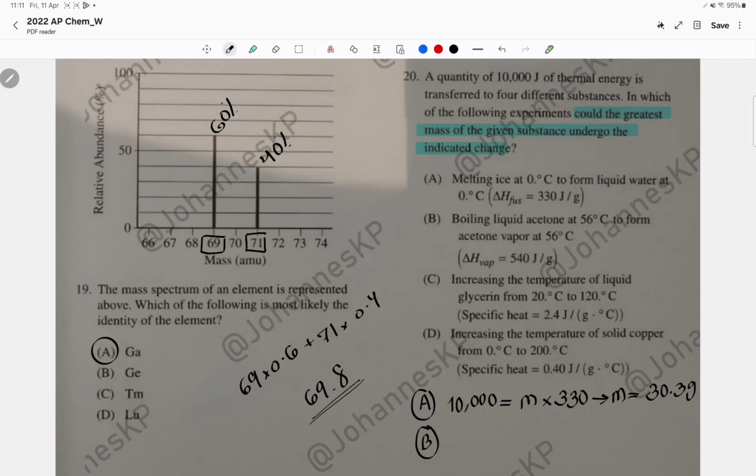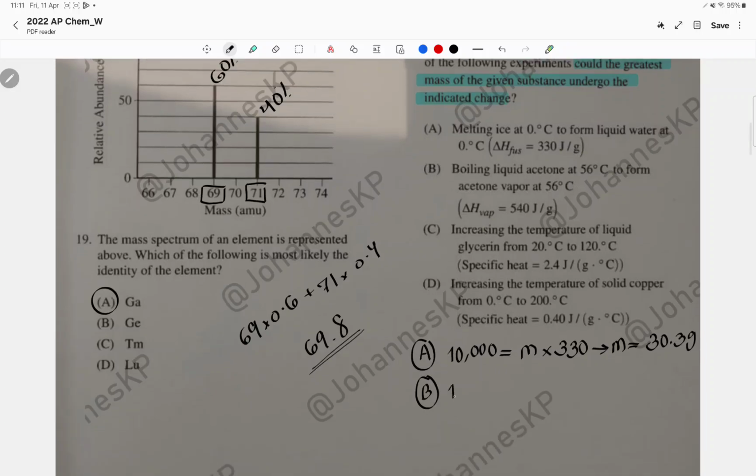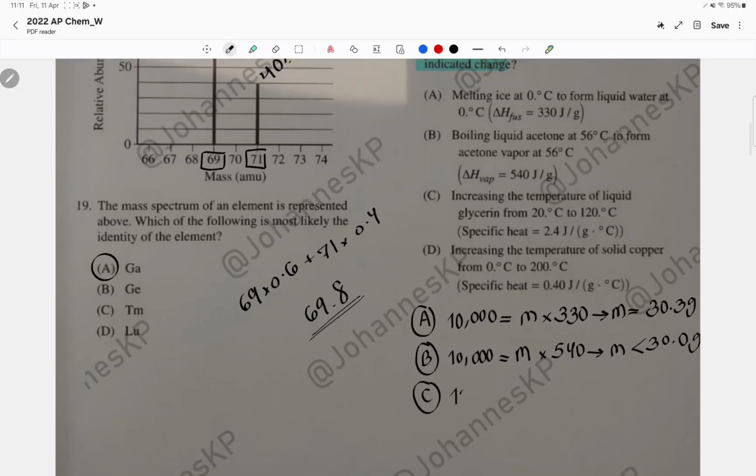B. Boiling the water, so the same procedure, 10,000 is equal to mass times the heat of the vaporization. I'm sure that the mass is going to be less than 30, right? What do you guys think? Because the 540 is bigger than 330. Don't do the math, just move on. Increasing temperature. So now we're going to say 10,000 is equal to MC delta T, M times C times delta T, which is 100.